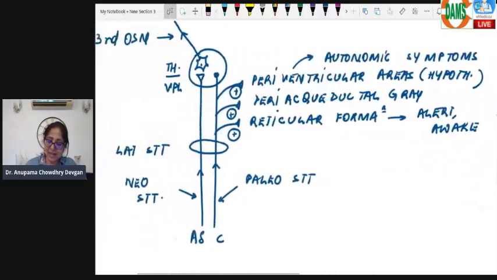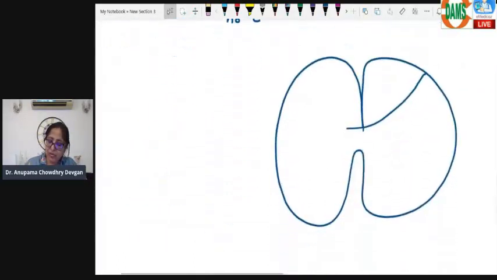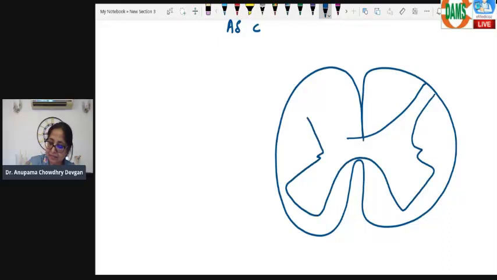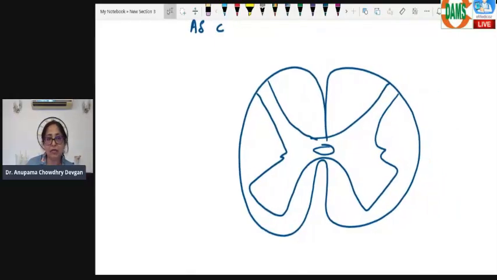Chalo. So let's see this. What I was trying to tell you was, if you look at the cross section of the spinal cord, right? This is the gray matter. Now if you look at the gray matter, especially in the dorsal horn, it is divided into laminae.